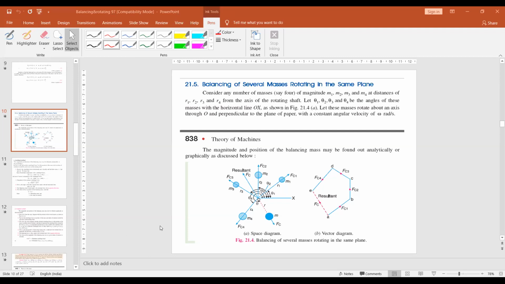And the third step: directions are also important. What is the inclination of the m1 mass? Theta 1 for m1, theta 2 for m2, and theta 3 for m3. Because when we start the vector diagram, those inclinations are also required.